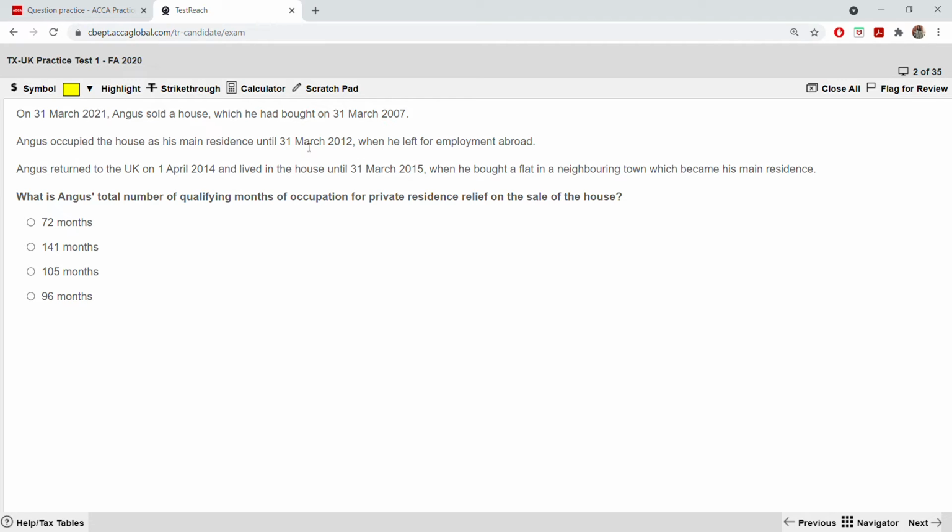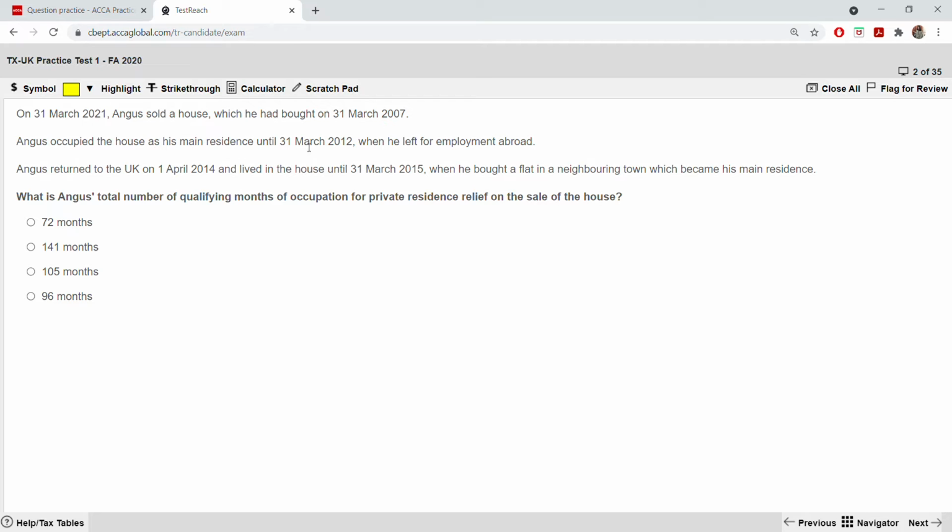That means from 1st April 2012 to 31st March 2014, 2 years he stayed abroad. Employed abroad, not just stayed abroad. So 2 years will be counted, 2 into 12, that means 24 months.